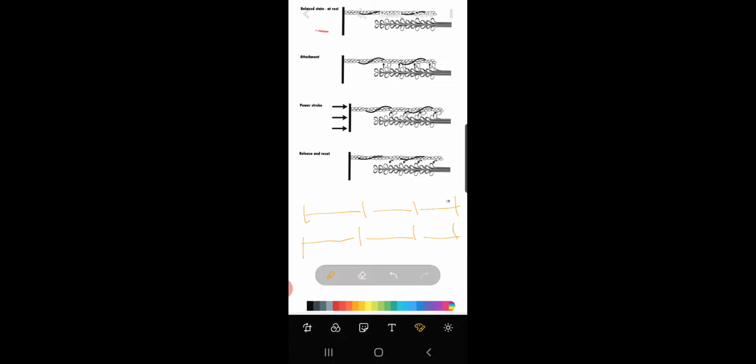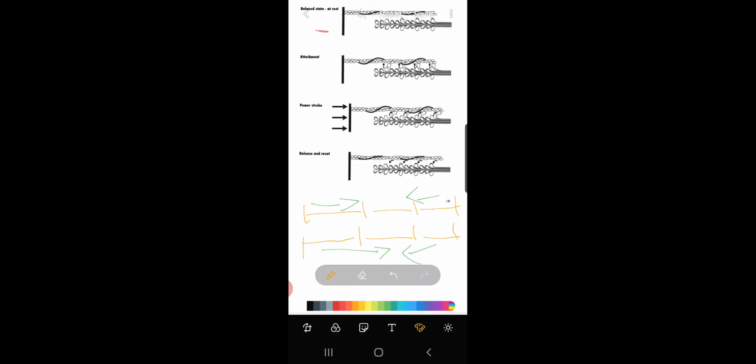So, myofibril, muscle fiber. It's like a chain of these sarcomeres, which all contract at similar moments to help with the movement of your muscles or your bones. So all of this is happening super, super quickly.